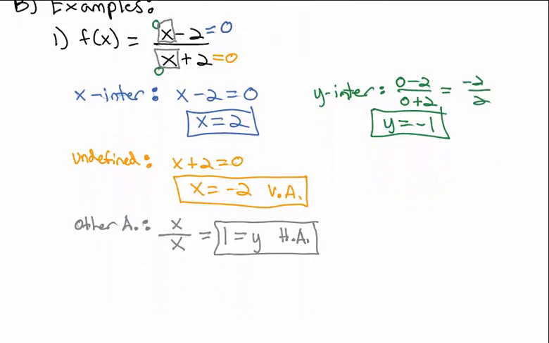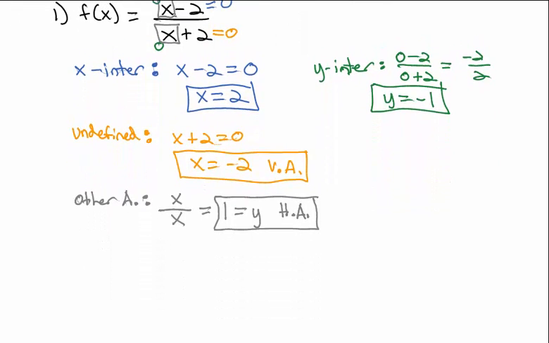The last thing we have to find is the positive and negative regions. To do that, we graph the product of the numerator, x minus 2, times the denominator, x plus 2.